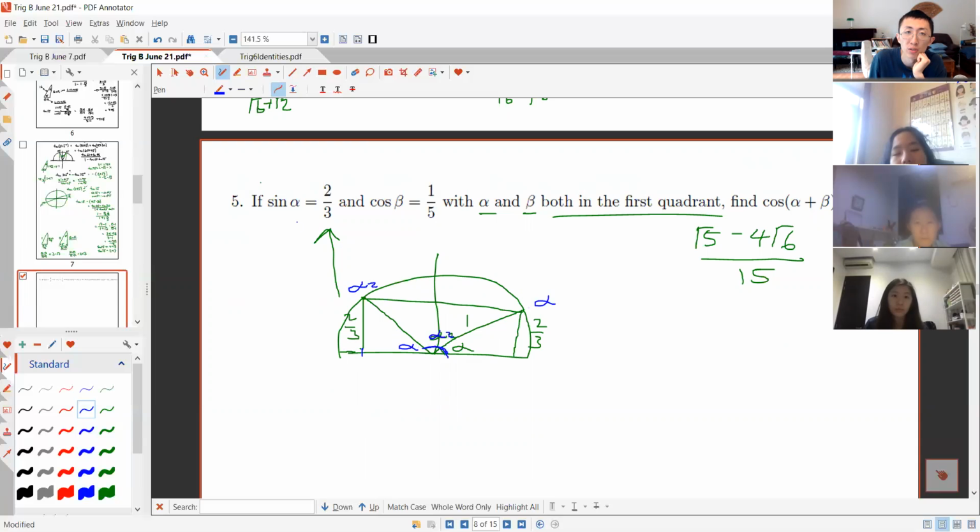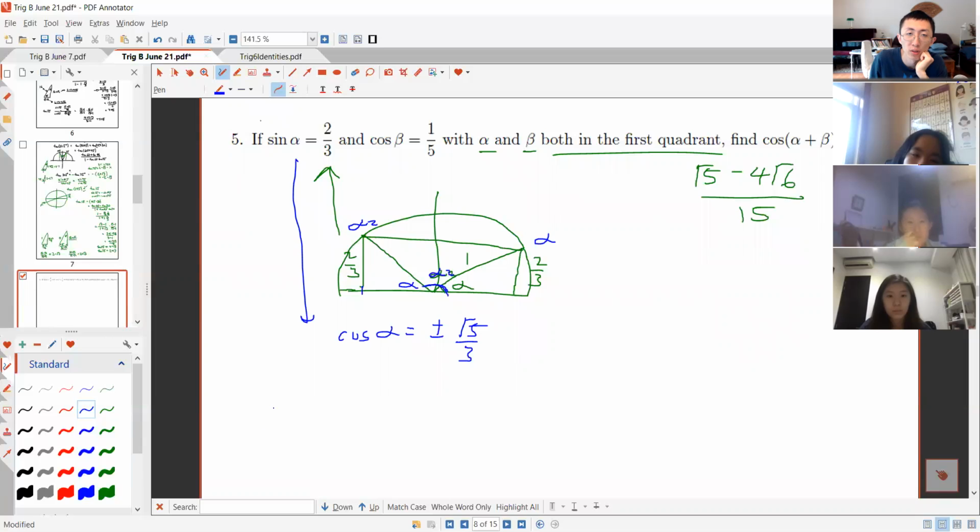So here we could have cosine of alpha be plus or minus root 5 over 3, because of the Pythagorean identity. It says cos squared plus sine squared is 1 for the same angle alpha. So if sine alpha is 2/3, then cos alpha could be a positive or negative number.